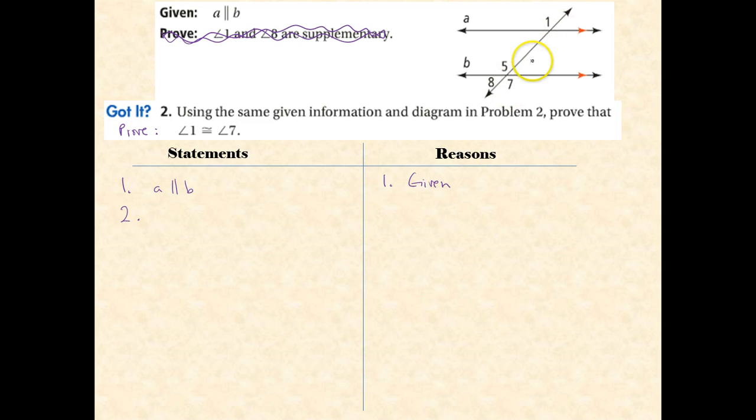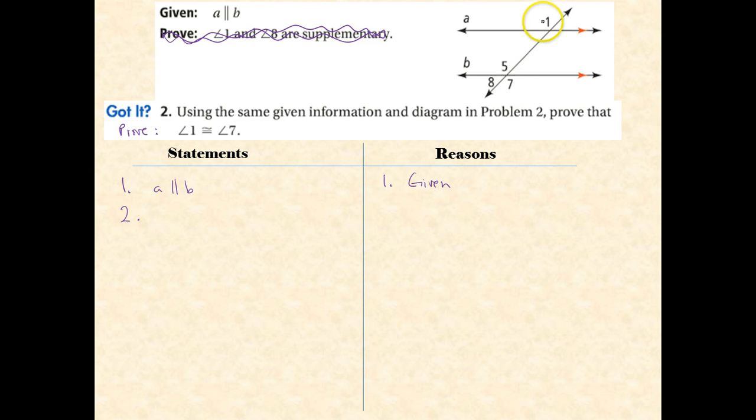Alright, how could we do that? What's going to be our plan? Well, we just proved that angle 1 is supplementary to angle 8. So we could go through all that logic and then prove that since 8 and 7 are supplementary, 1 would be congruent to 7.